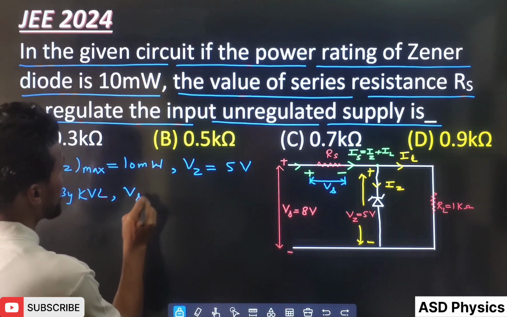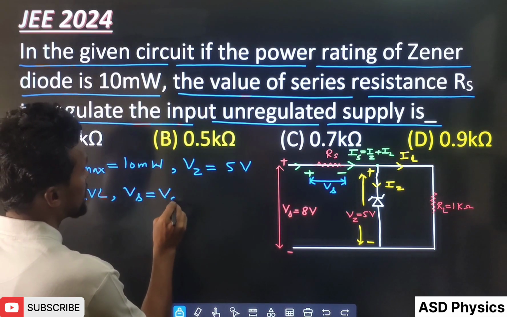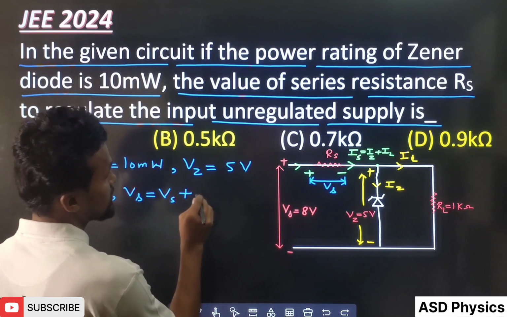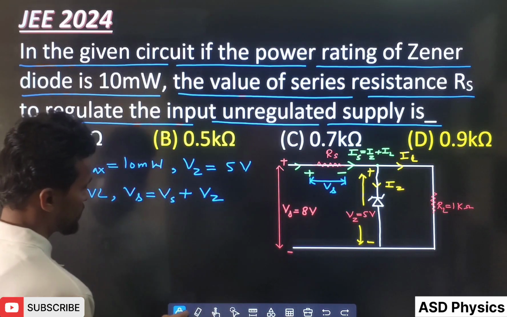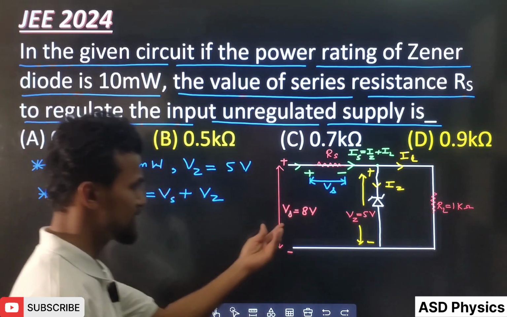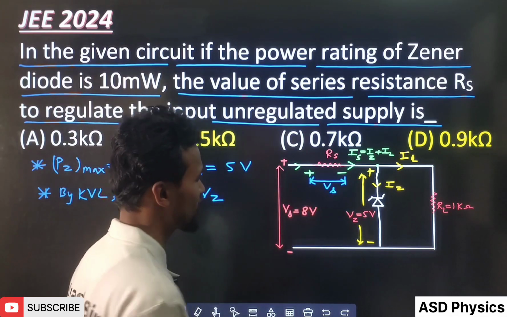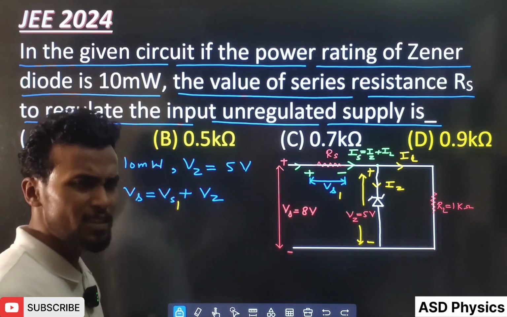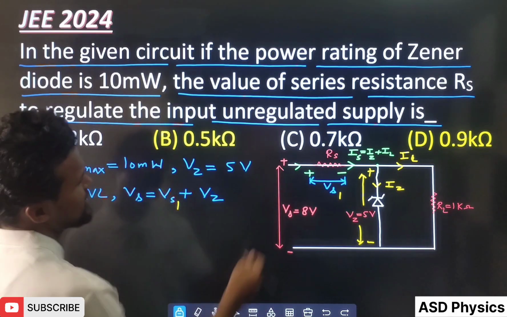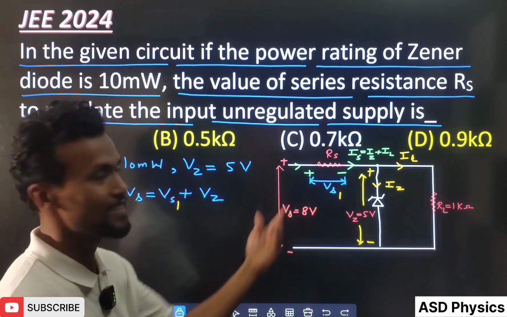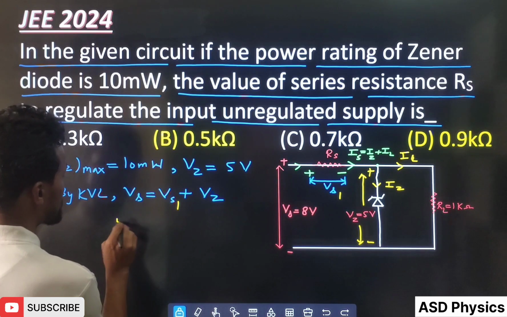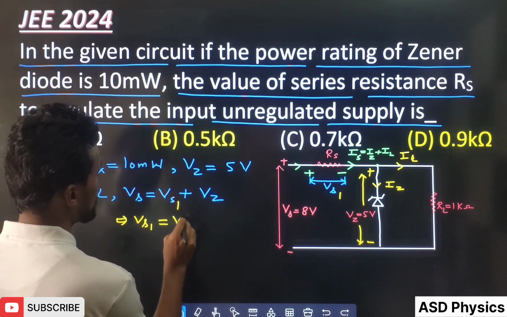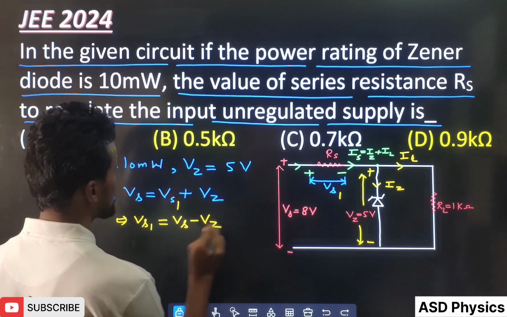This Vs is equal to the voltage across RS plus the Zener voltage Vz. But this is also Vs, it is not looking good, so I can just write Vs1, because Vs stands for the supply voltage. So this Vs1 will come as Vs minus Vz.